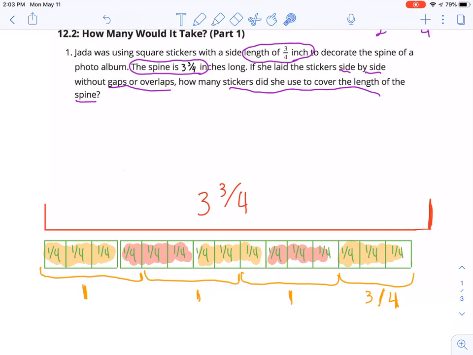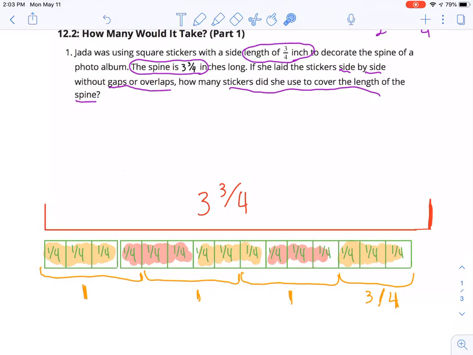Now you might be wondering, why am I just making groups of 3/4, but right here I counted to 1 whole? Well, down here I'm trying to count the wholes that would take us to get to this point. But remember, each group is only 3/4 of an inch. So that's why I highlighted just 3/4 at a time.